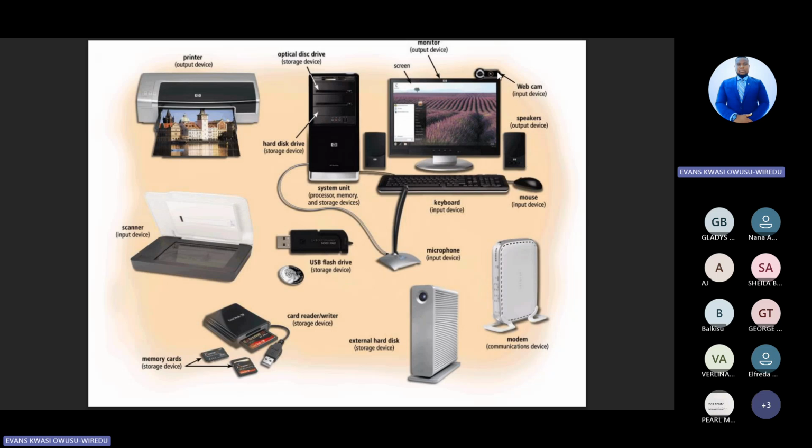And then we have the webcam. In this case, a webcam is an input device, because the webcam in itself doesn't display images. Have you noticed the camera of your phone? The camera doesn't display images. It is your phone screen that produces the images that the camera takes.